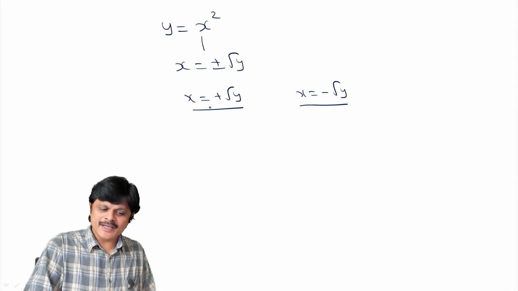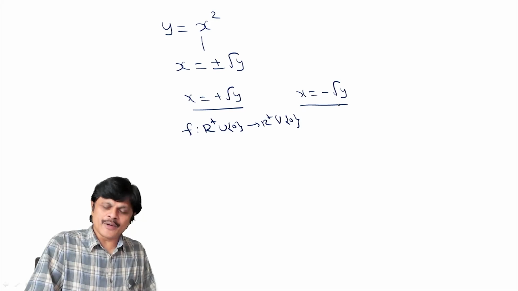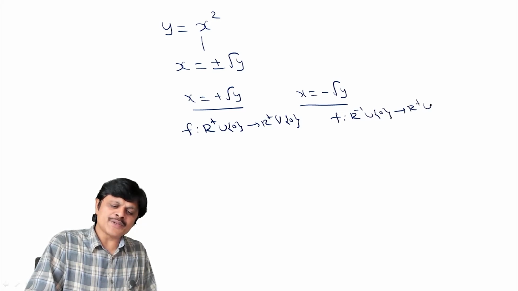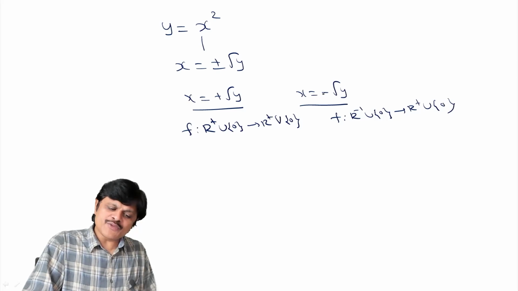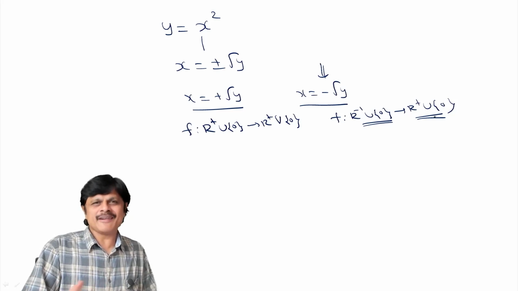For this, we need to take the original function from R plus union 0 to R plus union 0. Whereas for this we need to take the original function as R minus union 0 to R plus union 0. So this would be the function obtained with this domain and this codomain. So the domain and codomain will decide the nature of the inverse function.